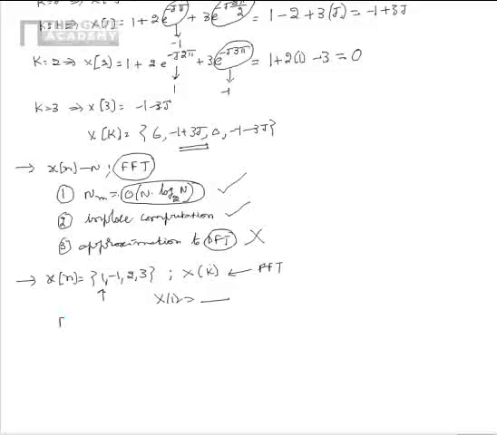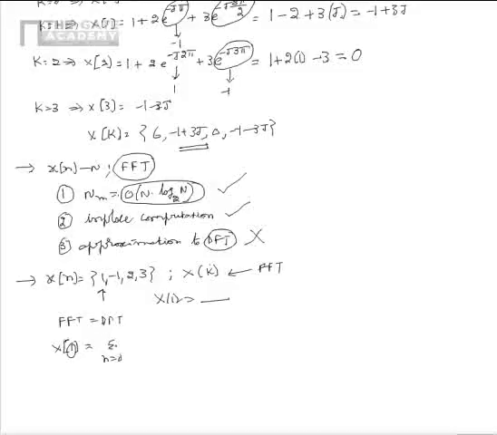We know that FFT implementation is mainly to get the DFT of the signal. So from this we can write that X of 1 is actually the second coefficient in the DFT implementation.